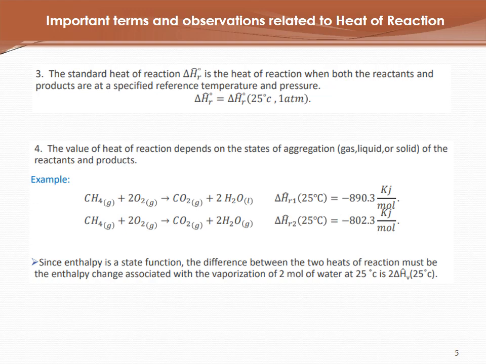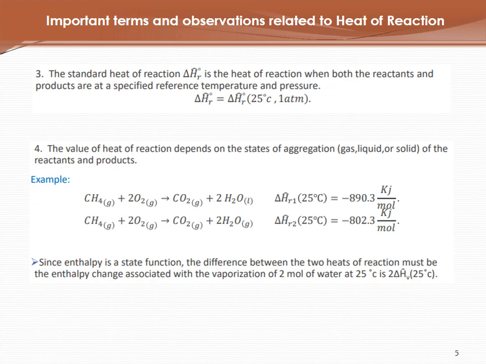Now for the same reaction where you burn methane, let's assume that the water vapor does not go through a phase change, but instead is still in the gaseous state at the same 25 degrees Celsius. If you wonder why H2O is in the gaseous state at 25 degrees Celsius, it's because the pressure is not the same. It might be at very high pressure. In this case, the heat of reaction is minus 802.